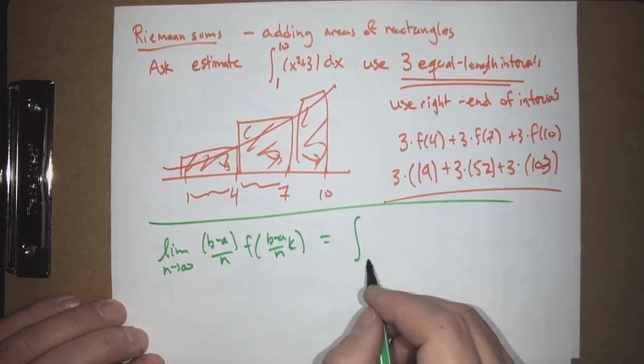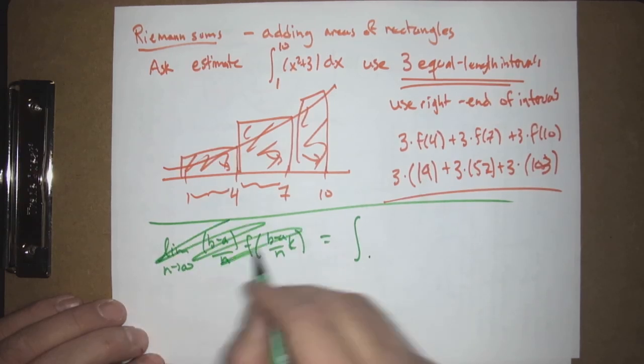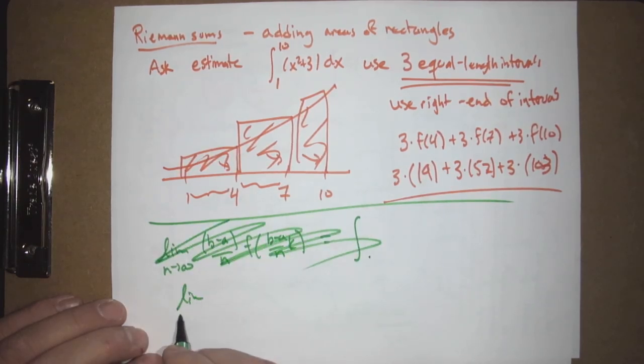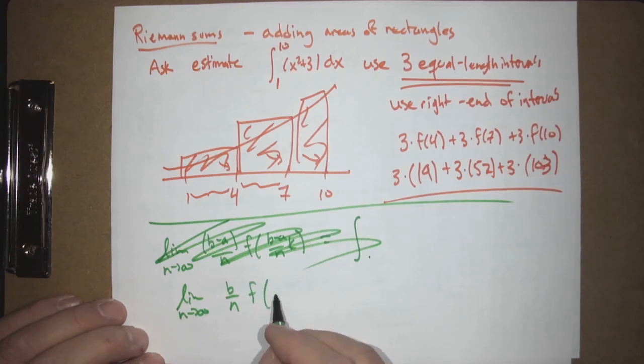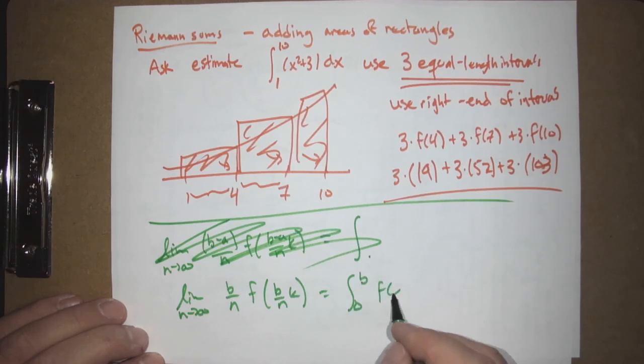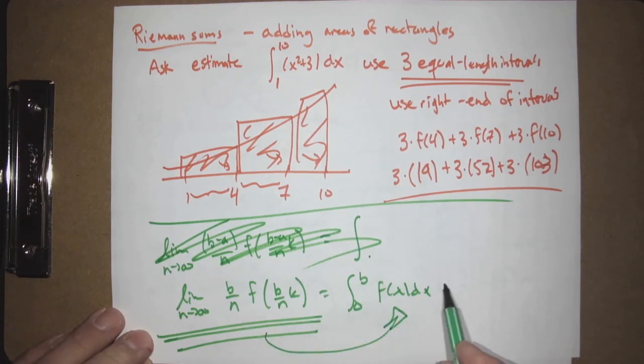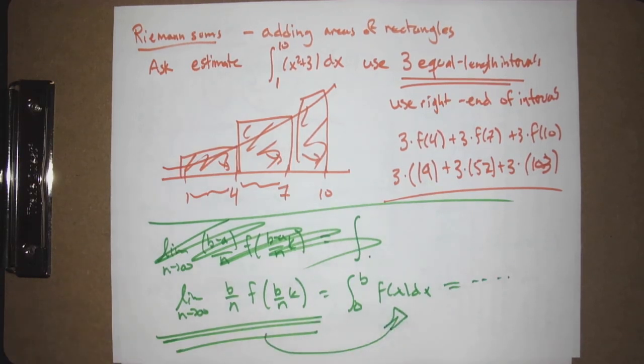This is the integral from... this is not right. Well, let's just do limit as n goes to infinity of b over n times f of b over n times k. There we go, that's good. This is the integral from 0 to b of f of x dx. So if you see this type of expression, can you realize that's an integral? Then we have tools like the fundamental theorem of calculus to solve it.